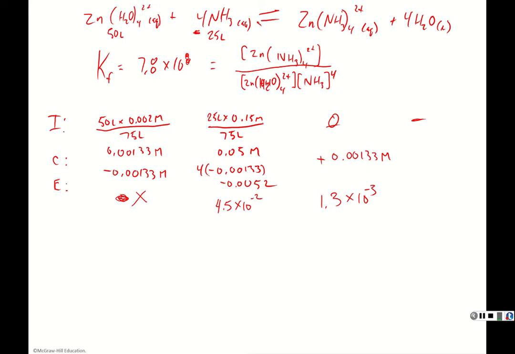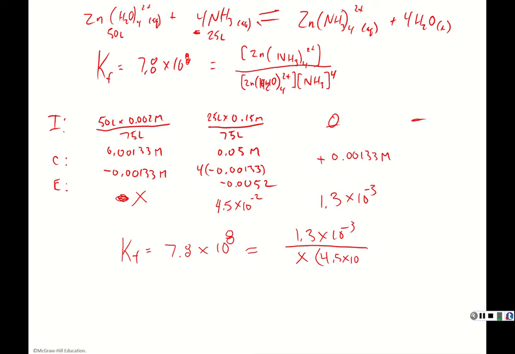Right, so now we need to solve for x. Whoops, not minus 8, it's plus 8, because it's a formation constant now. So if we had 1.3 times 10 to the minus 3 divided by x times 4.5 times 10 to the minus 2 to the fourth power, right?